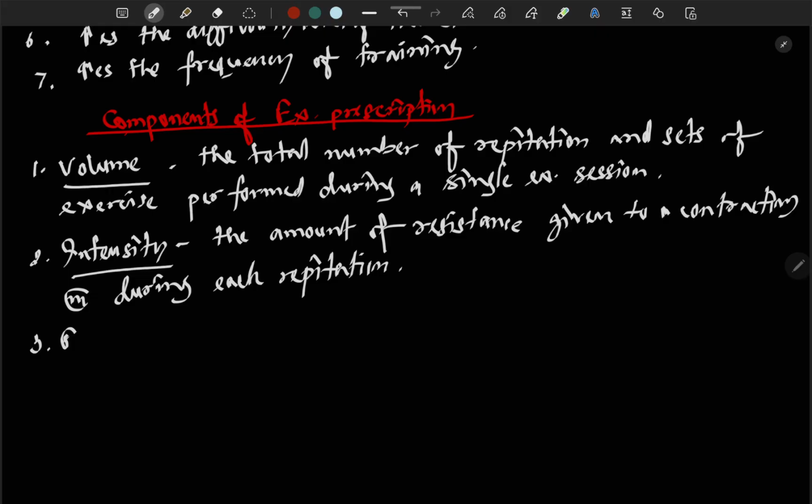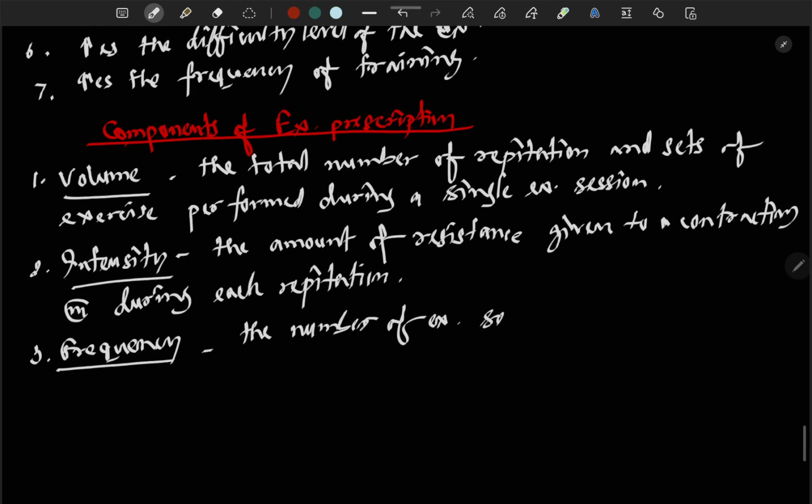Number 3 component is frequency. The frequency is the number of exercise sessions performed.